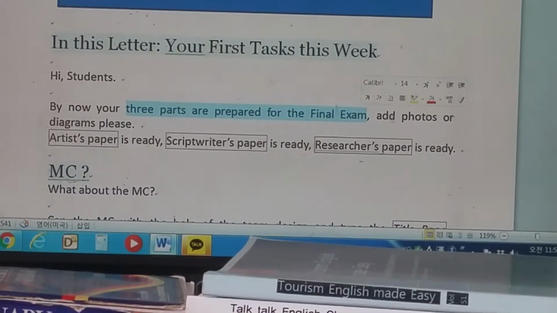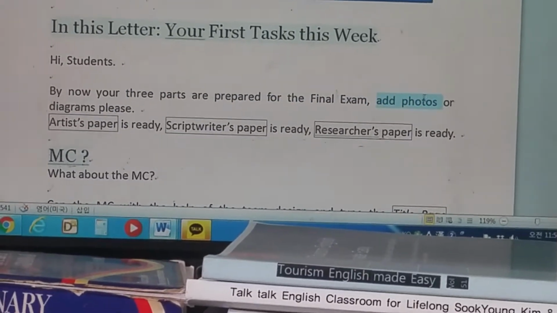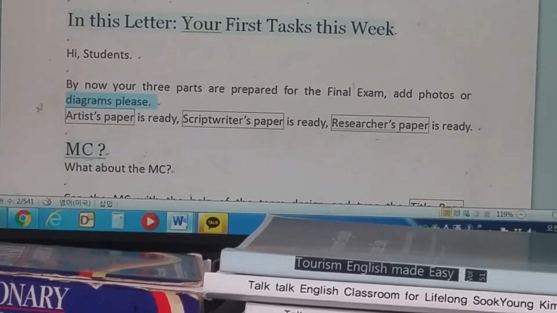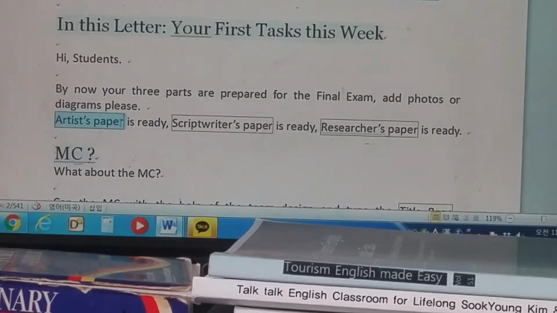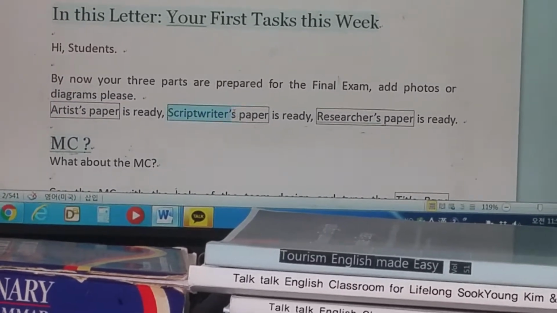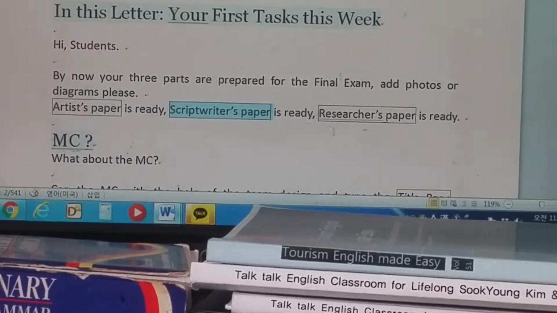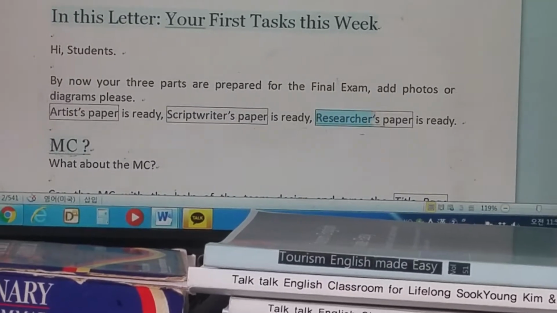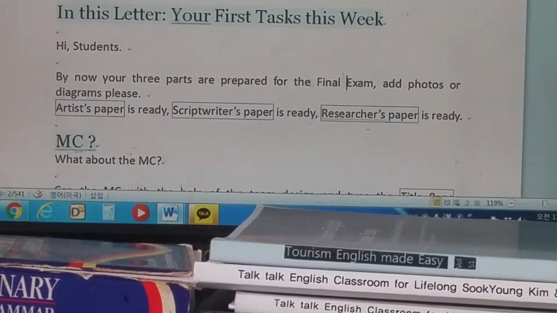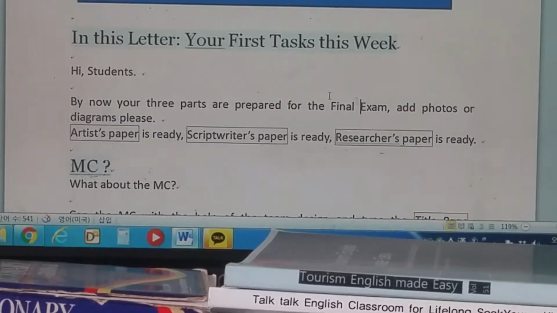Please add photos or diagrams. The artist page is ready, right? Scriptwriter, your paper is ready and typed. Researcher, your paper is ready. You finished that last week, from Thursday to today.